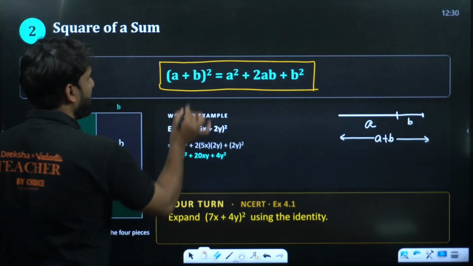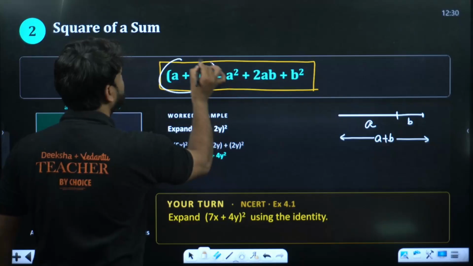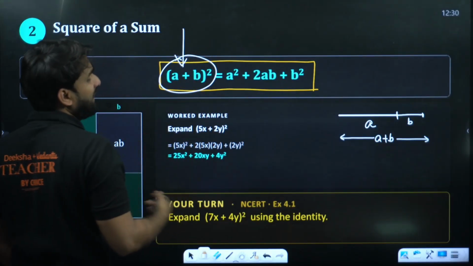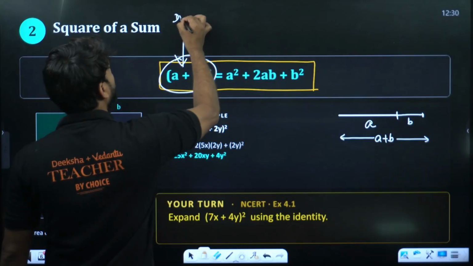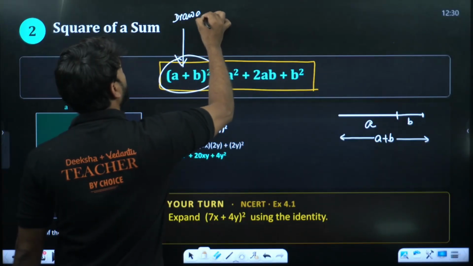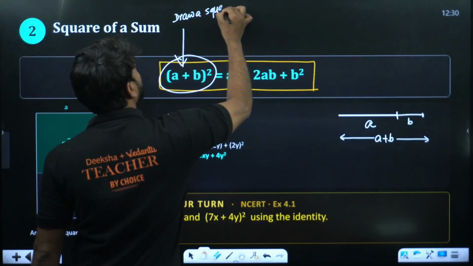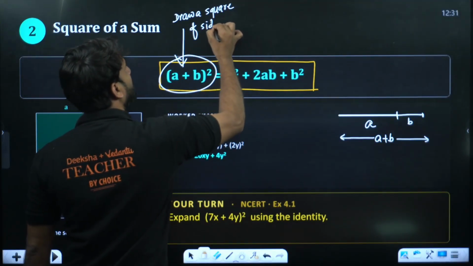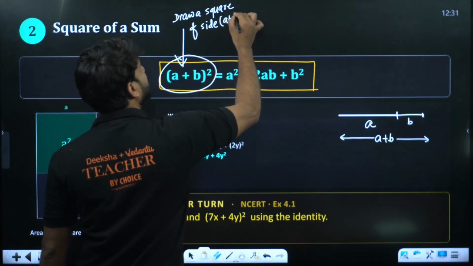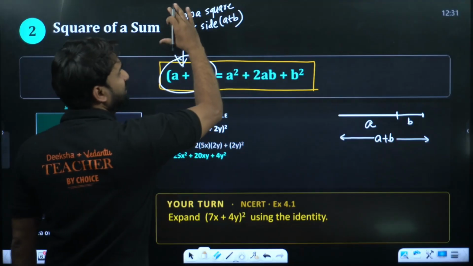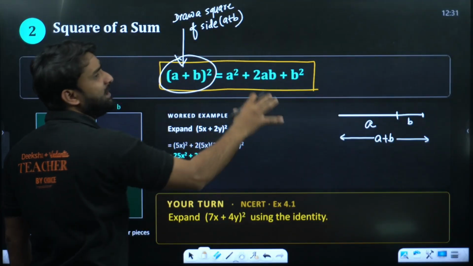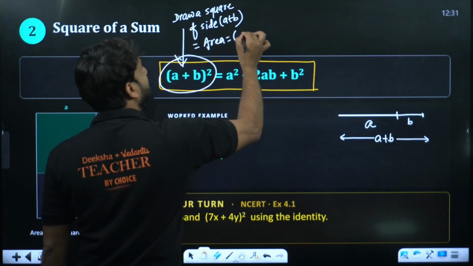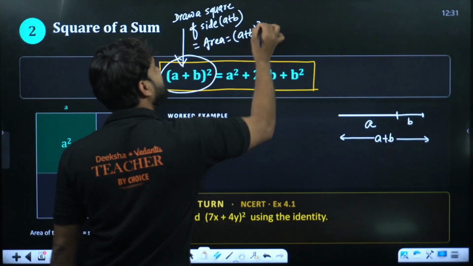So to get this format, I am drawing a square of side a + b. Because if you draw a square of side a + b and take the area, it will look like (a + b)².